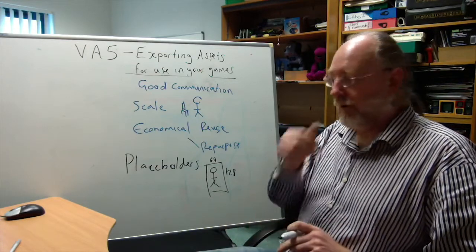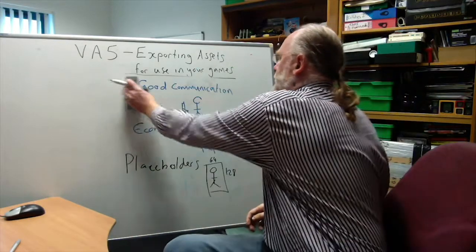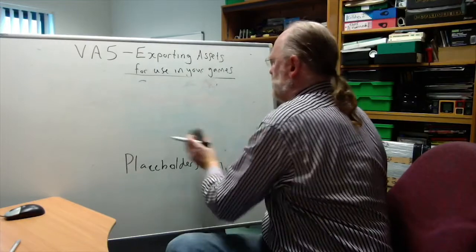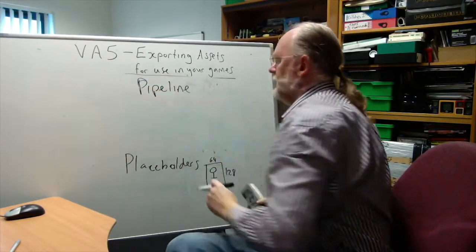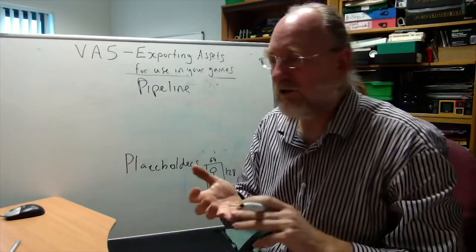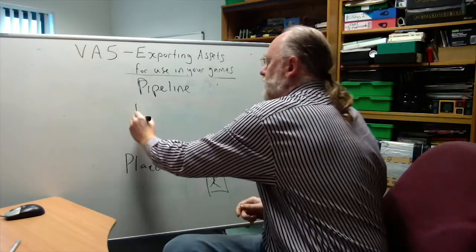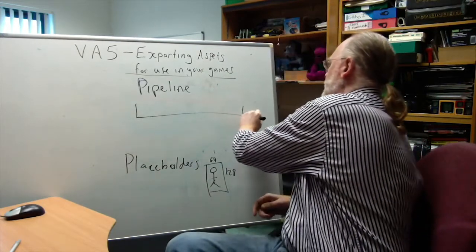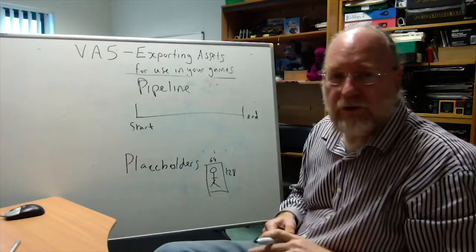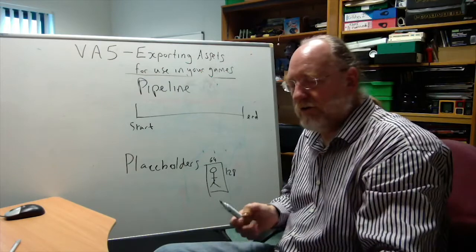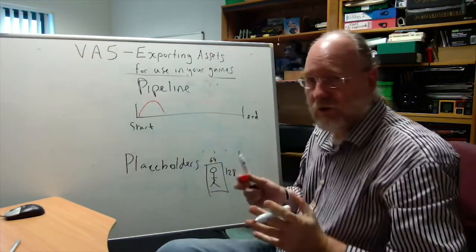Because one of the big things to bear in mind is this idea of the pipeline. So let me get rid of some of this. If you've got artists, designers, programmers, etc., all working together on a game, they start here and they end here. So this is the end and this is the start. One of the problems that you get is that the designers tend to have a bit of a spike here, and then the general concepts are put in place.